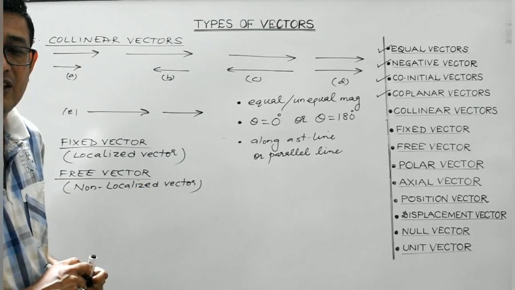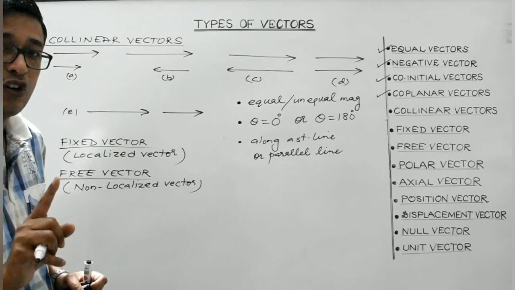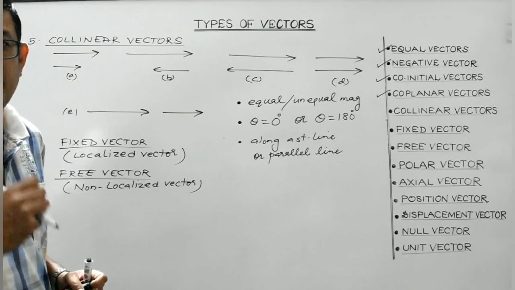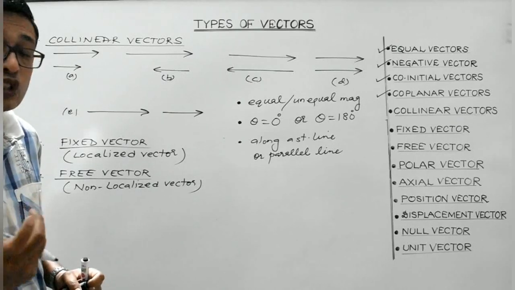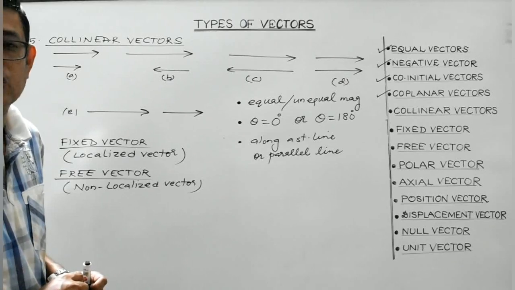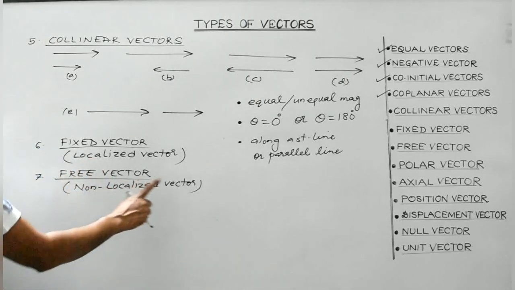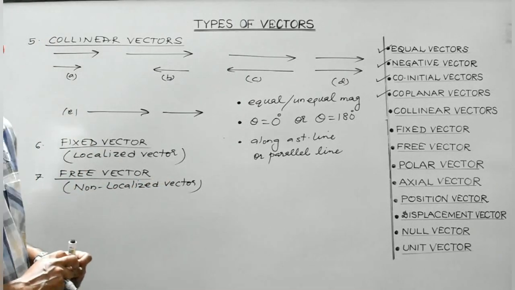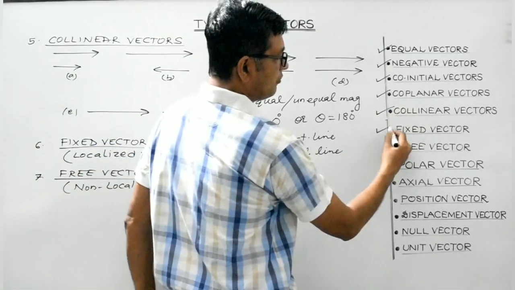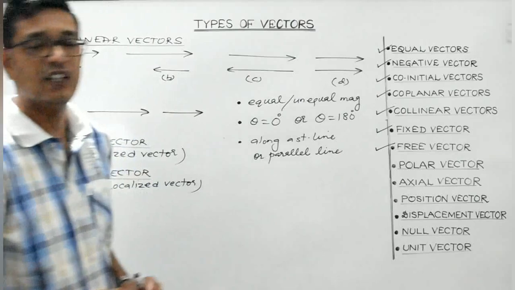Clear, students? So examples of free or non-localized vectors are velocity vector, momentum vector, force vector, impulse vector. These all are the examples of free or non-localized vectors. Clear? Okay, so we are over with collinear vectors, fixed vector and free vector as well.